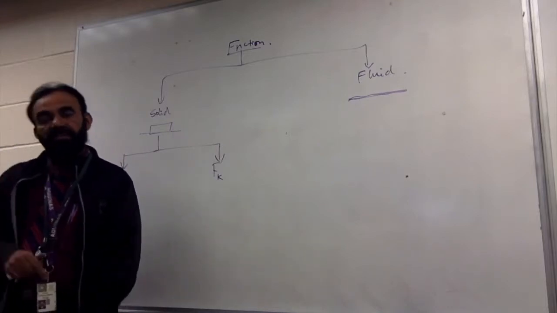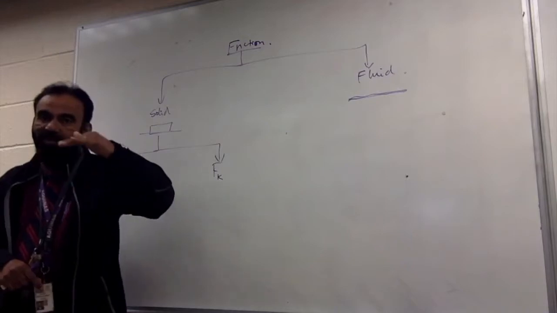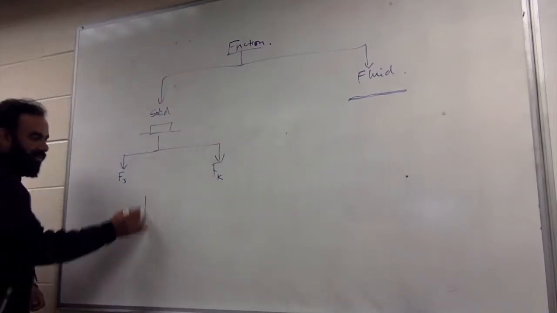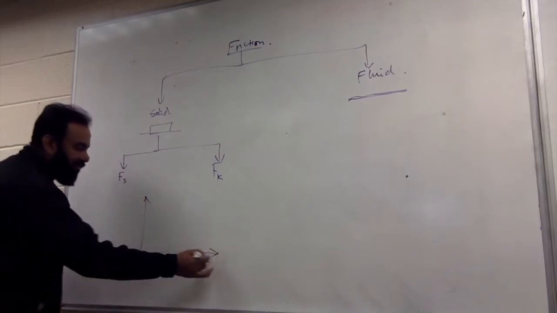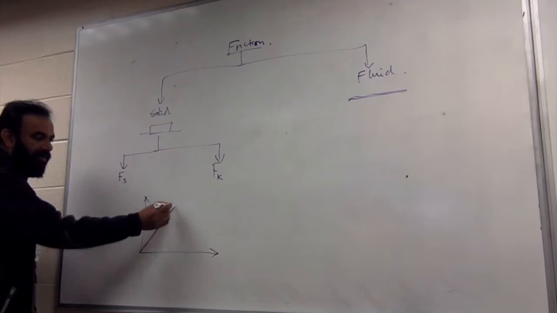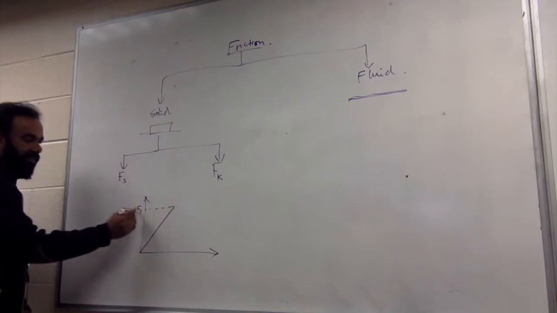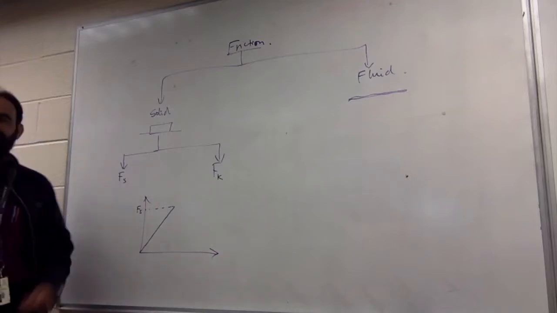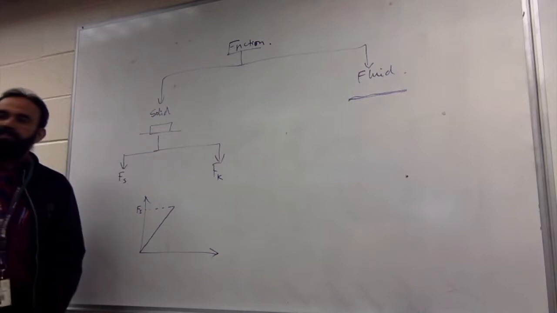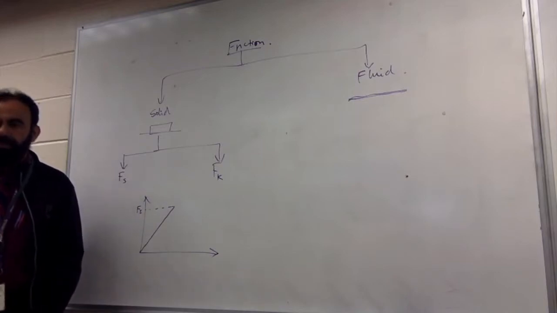The Fs can change from 0 up to a limit. So that's why I gave you the graph. The friction can grow evenly up to a limit, which is called static friction, limiting value. So when we say static friction, we are talking about the limits, the maximum. How much is the maximum static friction that can come into existence?